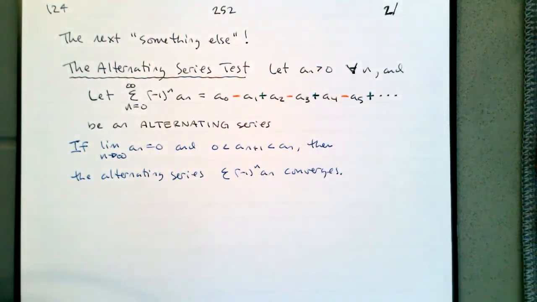So if the terms decrease and decrease to 0 and alternate, then we get convergence.